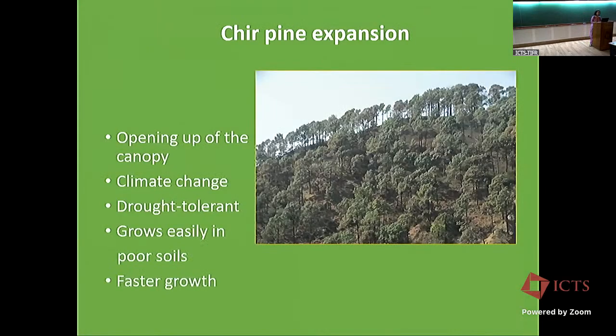This is happening all over, and some of our studies indicate that the area of pine has increased by almost 35%. It's because of the canopy opening up and the climate change impacts, it's getting warmer in the Himalayas. This species is very drought tolerant and it grows easily in poor soils, and that's one of the reasons it's taking over from oak.